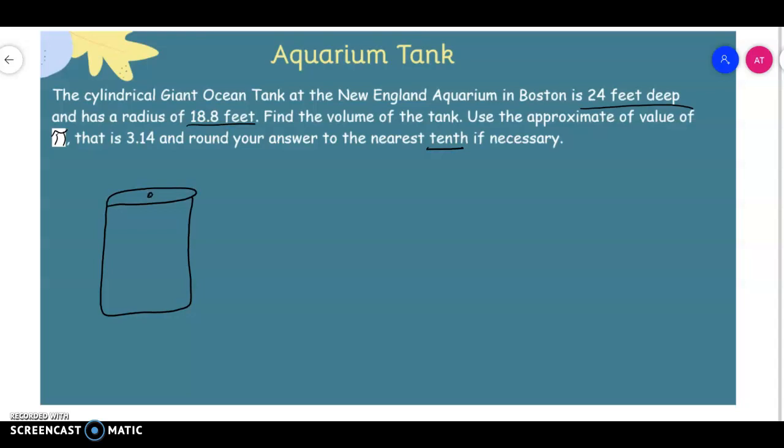So I know the radius is 18.8 feet, and I know the height is 24 feet. So I have my volume, V equals pi r squared times my height. My radius is 18.8 squared, and I know my height is 24.